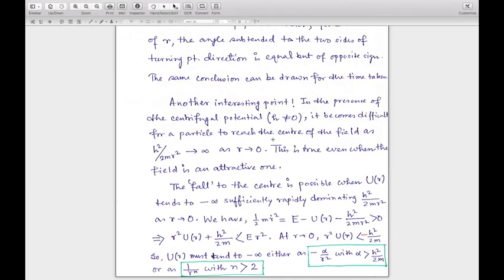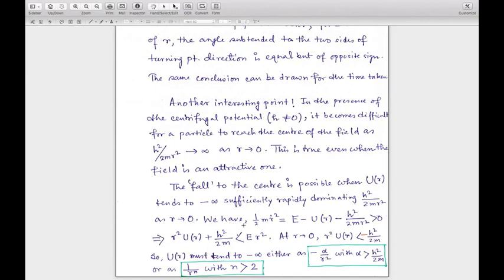So the center would be its absolute stable equilibrium point, and the particle would definitely fall into the center. Now, as a result of having H square by 2m r square as a positive definite quantity, even when we have an attractive potential, this is not guaranteed. So as I said here, the fall to the center is possible only when U(r) tends to minus infinity sufficiently rapidly, dominating H square by 2m r square as r tends to 0.